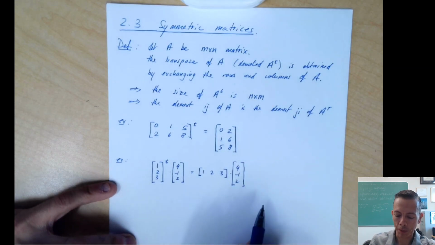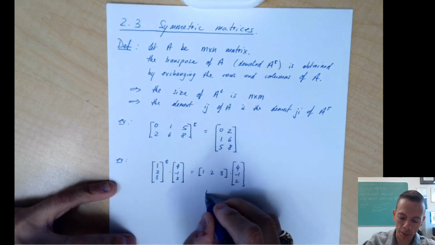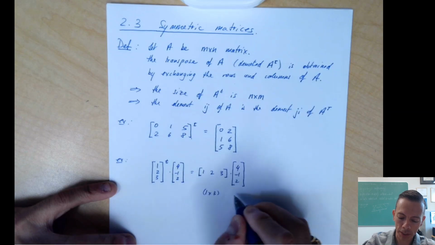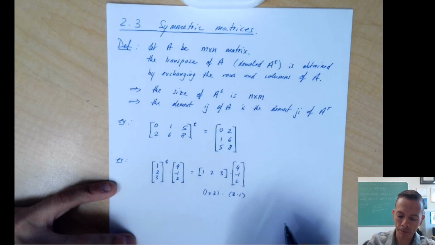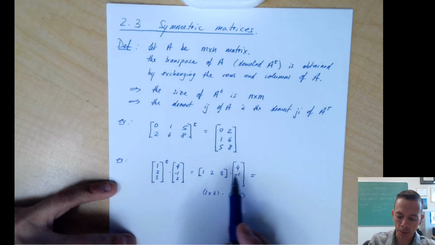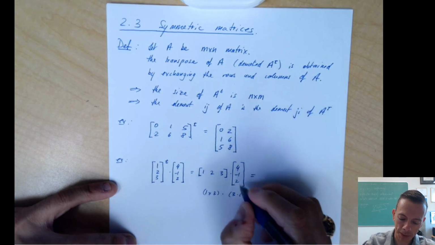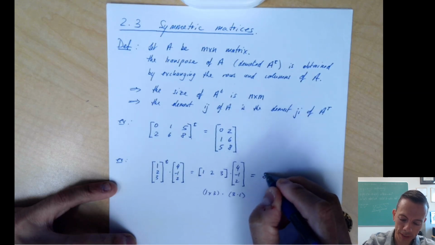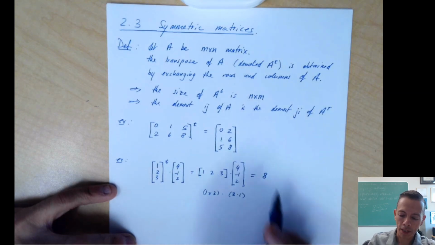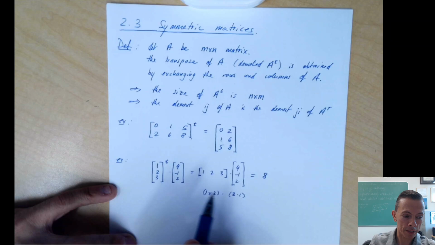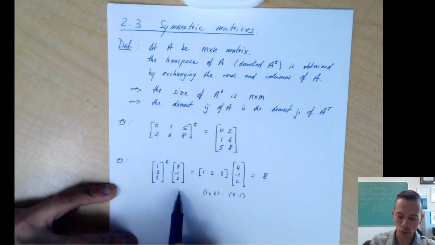Now these two can be multiplied because this is a 1 by 3 size matrix. And this is a 3 by 1. And so this is 4 times 1 minus 2 plus 6, which is equal to 8, a scalar. And notice this is equal to just the dot product between these two vectors.